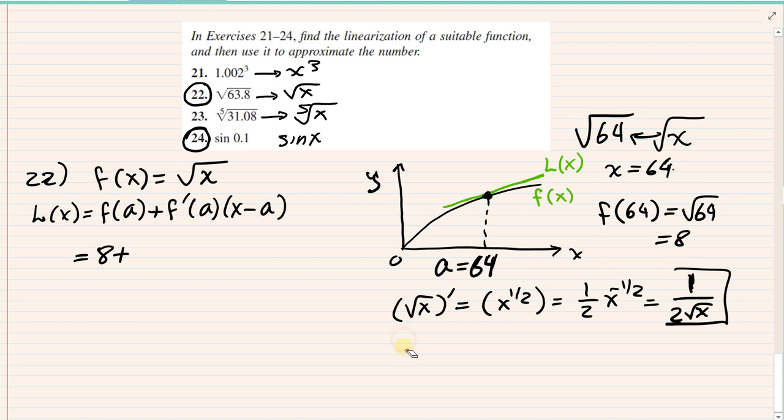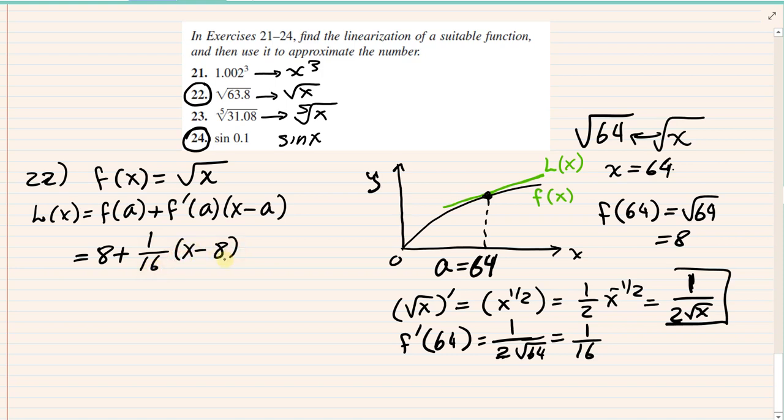Now we have to do the derivative evaluated at a, that's f prime at 64. That's 1 over 2 times the square root of 64. And the square root of 64 is 8, so that's 1/16. So this is going to be 1/16 times x minus 8. Oh, I'm sorry, not 8, 64. A is 64. 8 is the square root of that, which I did, and there you have it.